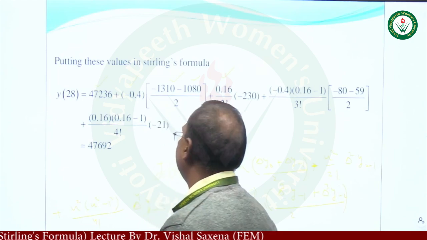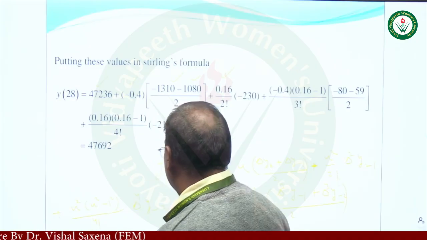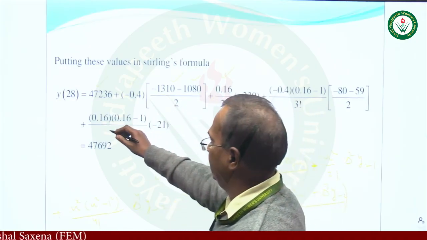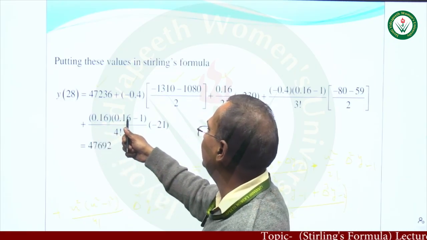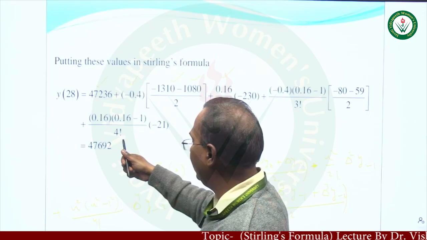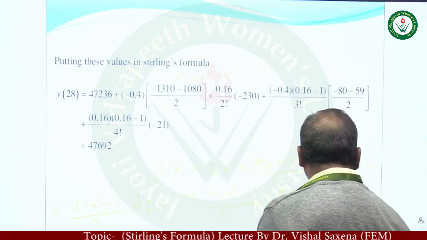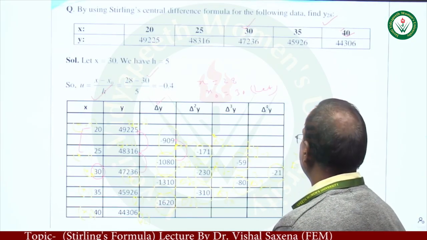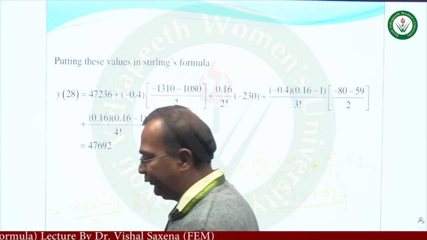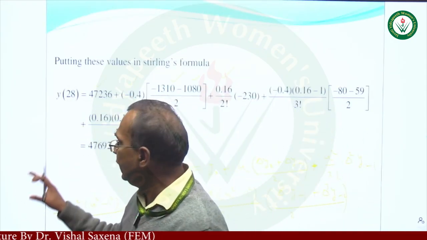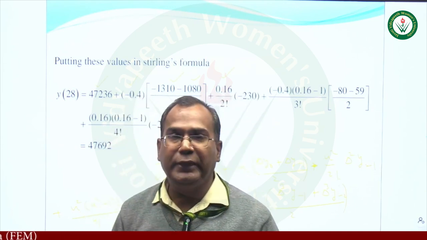So in this question, u square means minus 0.4 square, then u square minus 1, upon 4 factorial, and then del 4 y minus 2. Again we see in the last table, del 4 y minus 2 is minus 21, and we have substituted this value in this formula, and we can use our scientific calculator to solve it.